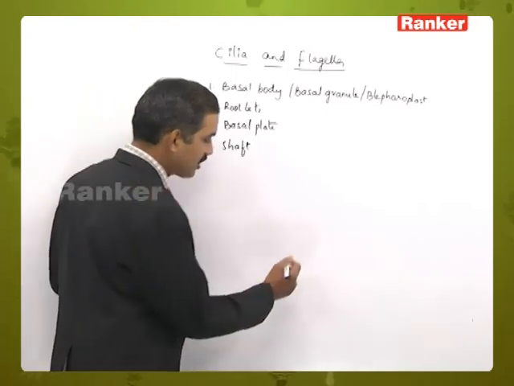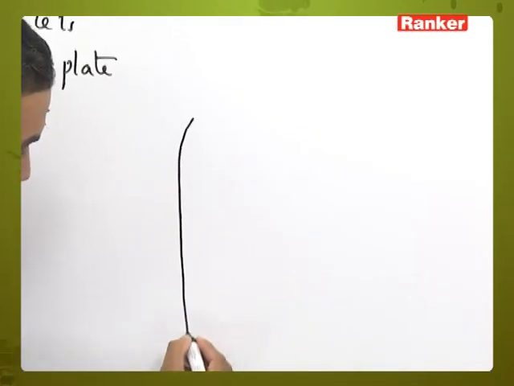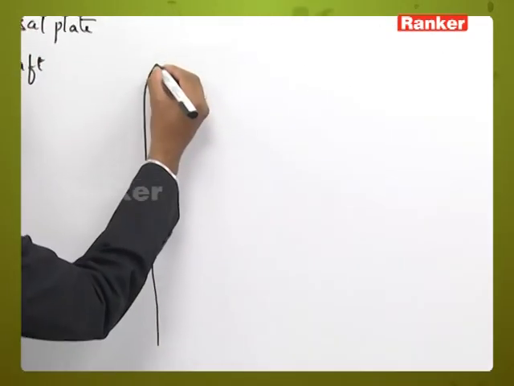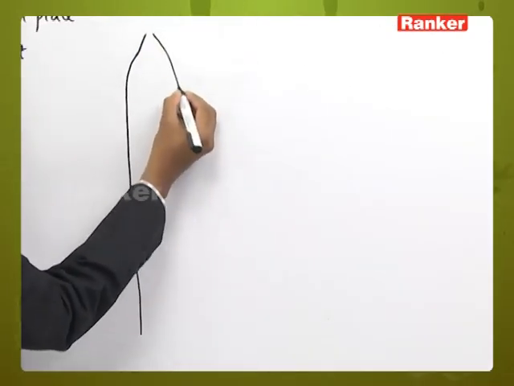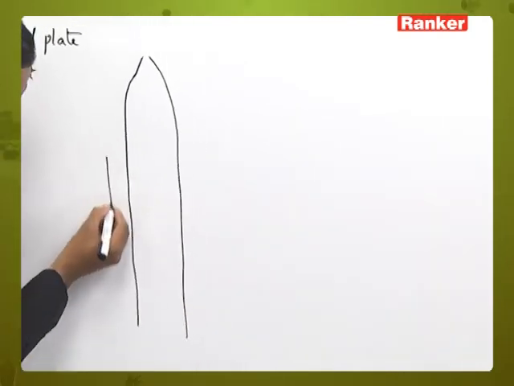So if you see the structure of the flagella in the vertical manner, this forms the cytoplasmic level.